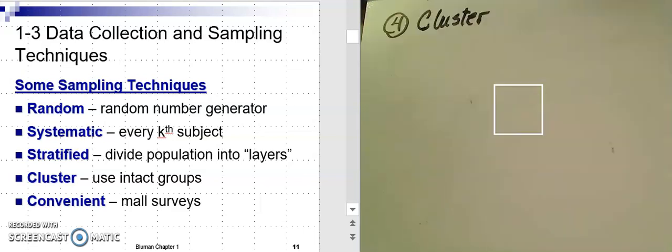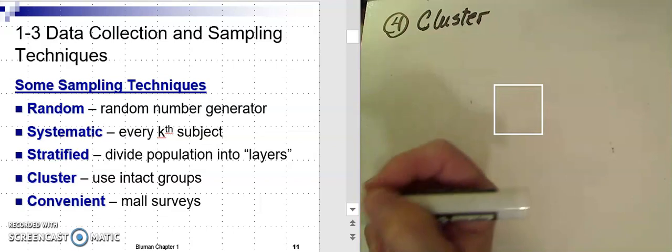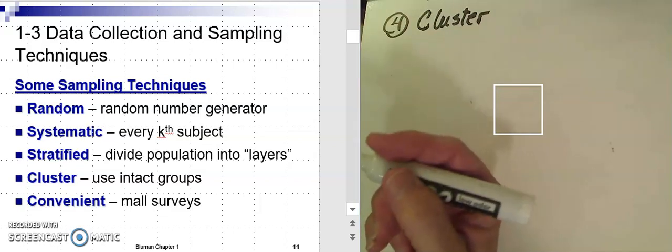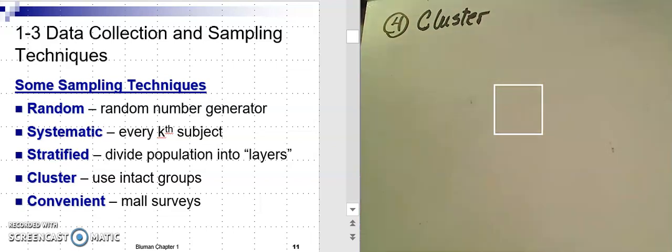The fourth type of sampling technique is cluster. And with a cluster, notice that it says use intact groups. Now, one way that can be done, as an example, is the state of North Carolina has 100 counties. So we could consider each county as a group.